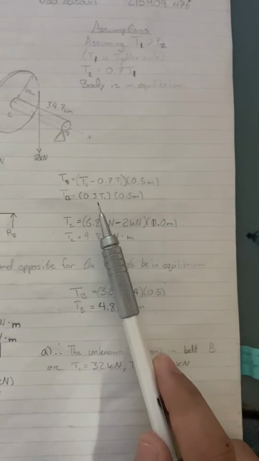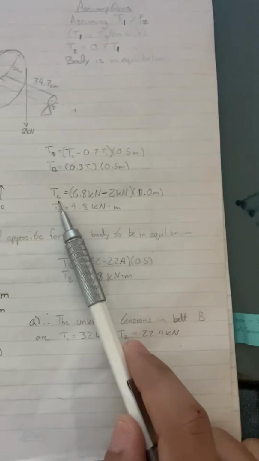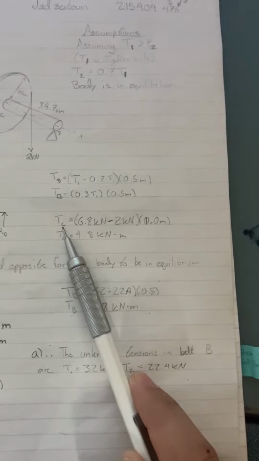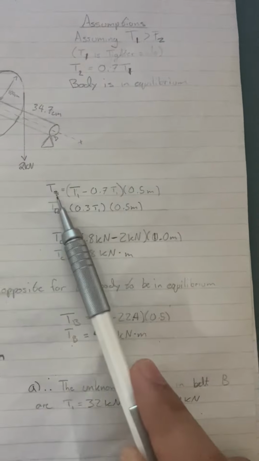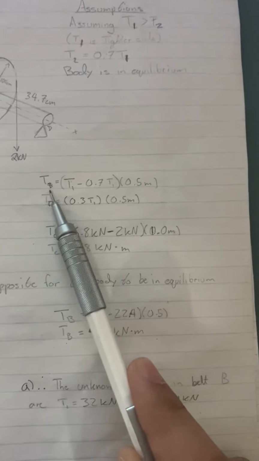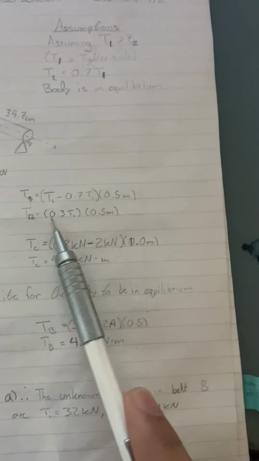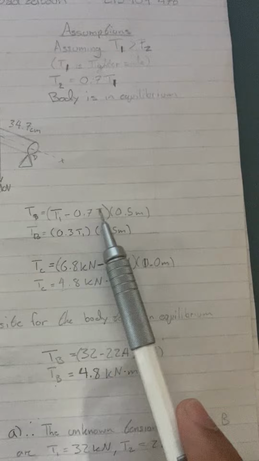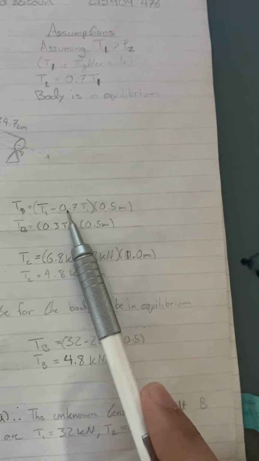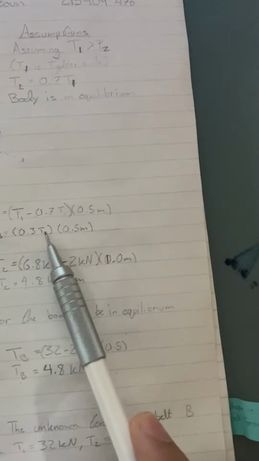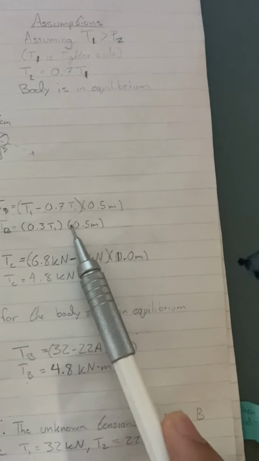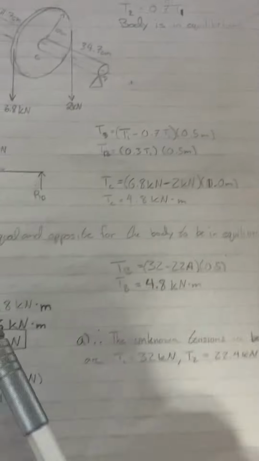Here I calculated the torque of the pulley system at C, which turned out to be 4.8 kilonewton meters. And here I calculated the torque at pulley B, substituting T2 as 0.7 T1. There I get that TB is equal to 0.3 T1 times 0.5 meters, which is the radius.